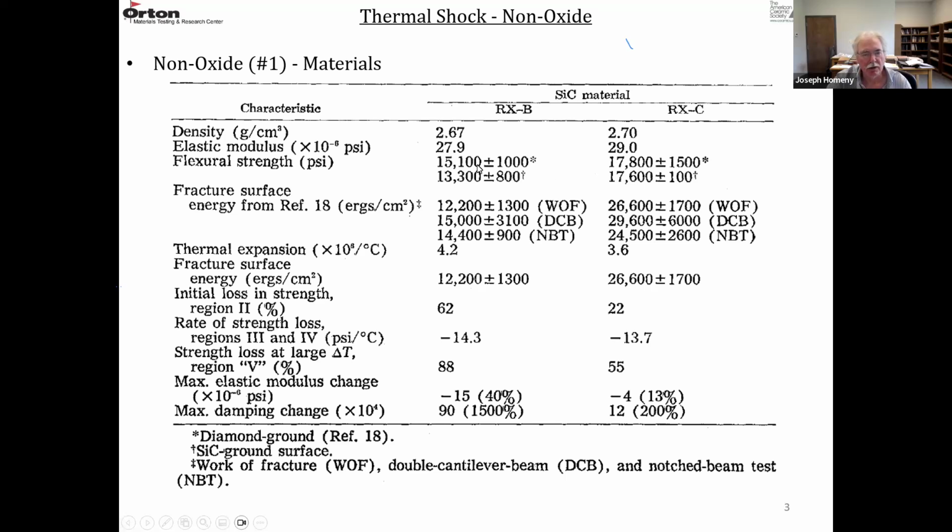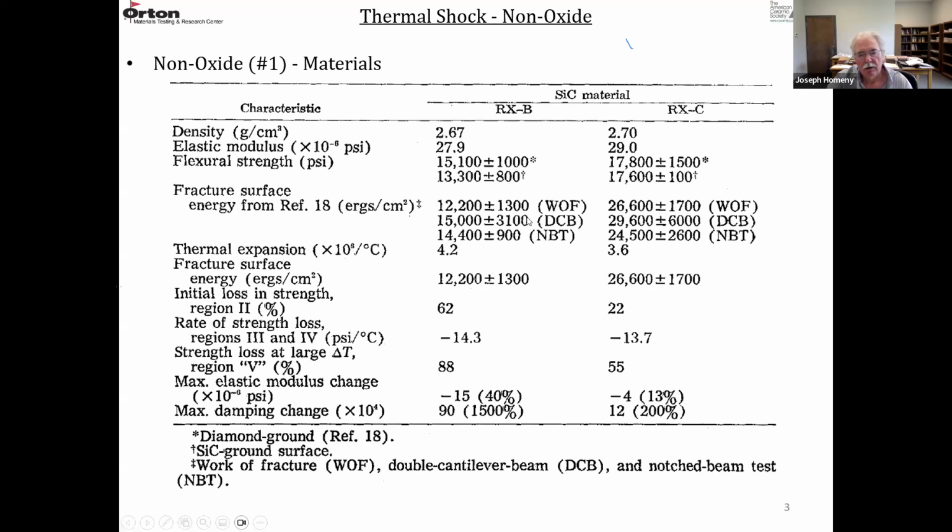This one's about 15,000. The first number here is a diamond ground surface. The second number is the silicon carbide ground surface. So there's a surface finish effect, different grinding techniques, but different size flaws on the surface. So the better the surface finish, the higher the strength.